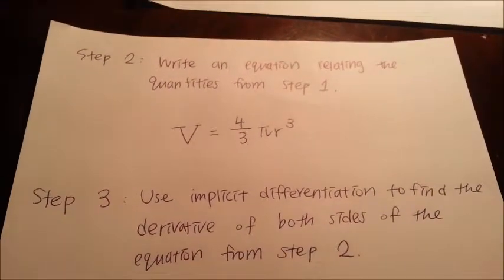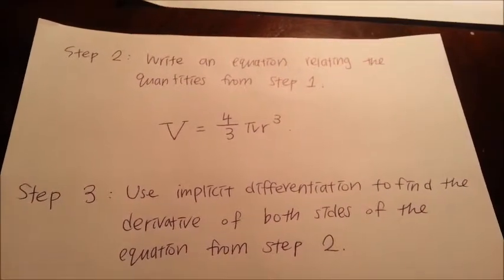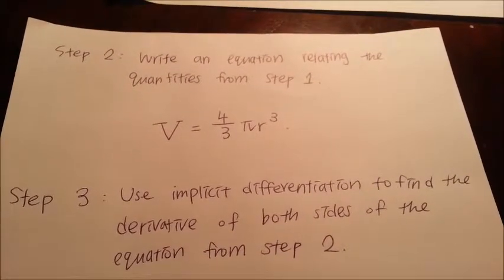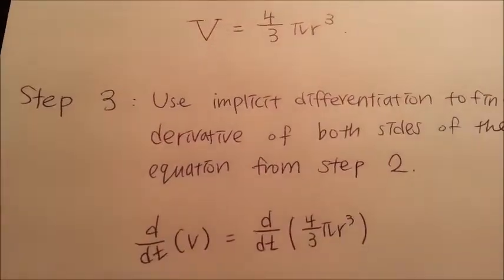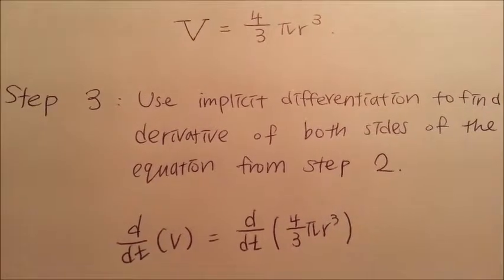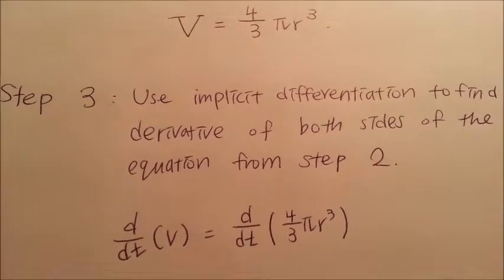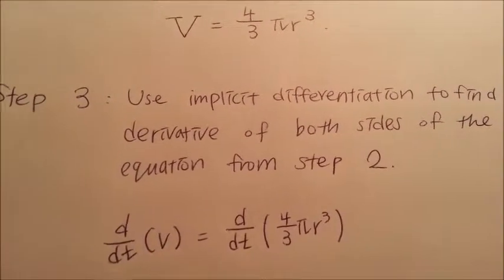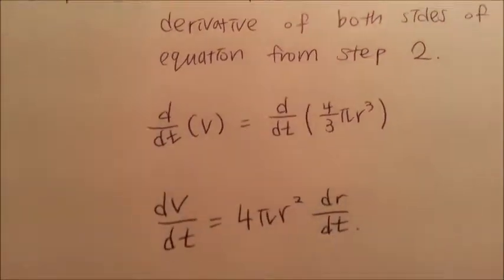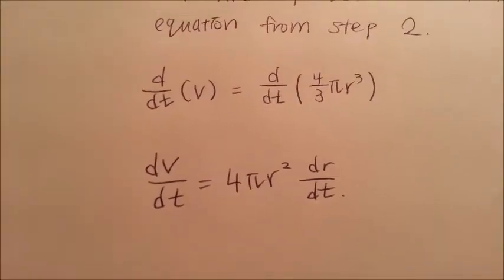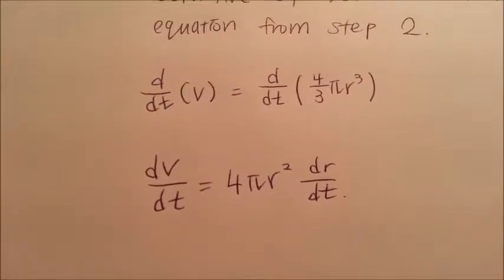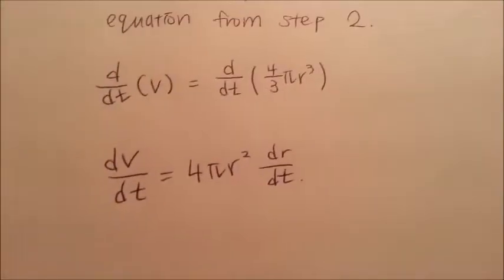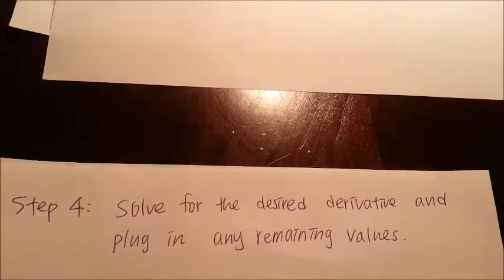Step 3. Use implicit differentiation to find the derivative of both sides of the equation from step 2. d over dt of V equals d over dt of 4 over 3 pi r cubed, which is dV over dt equals 4 pi r squared dr over dt. Step 4.